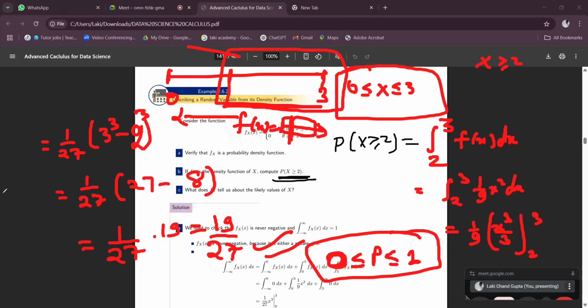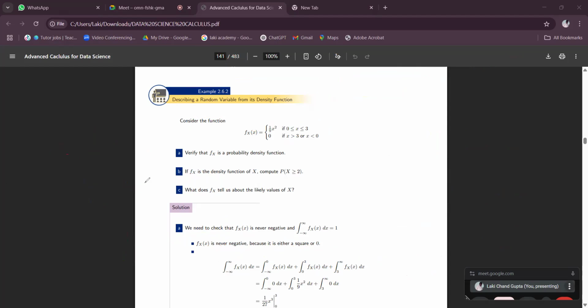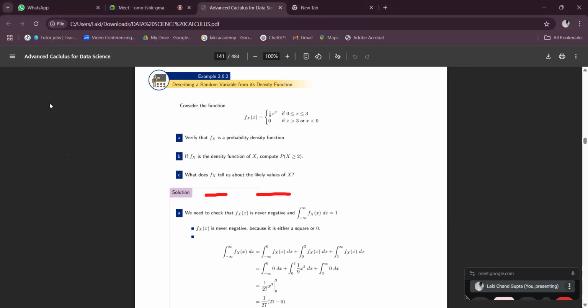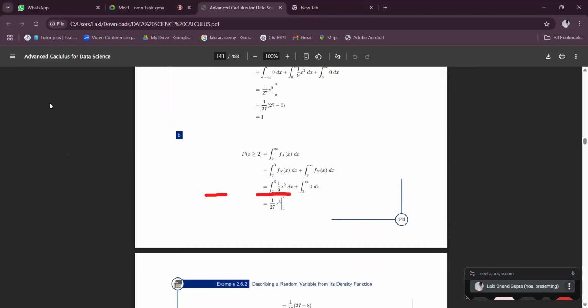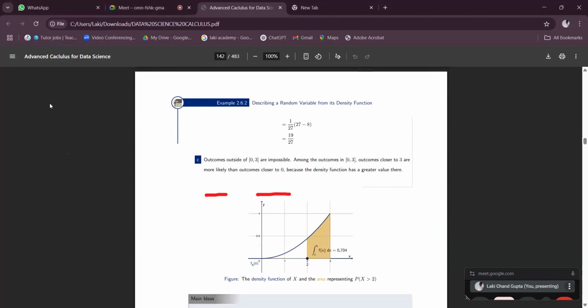Now, what does f(x) tell about the likely value of x? What is it? 19 over 27, right?